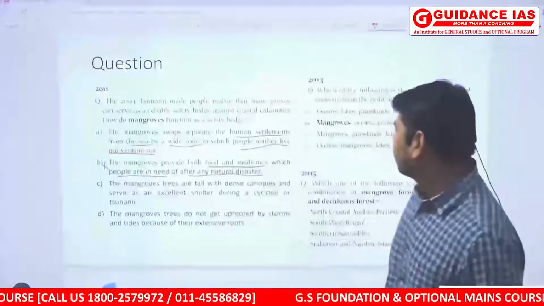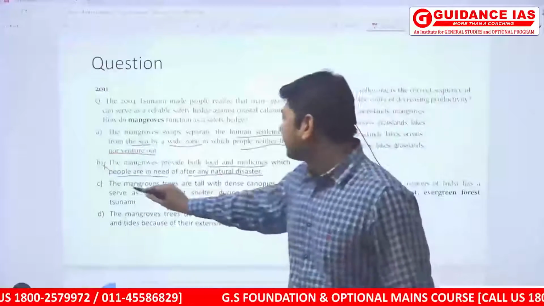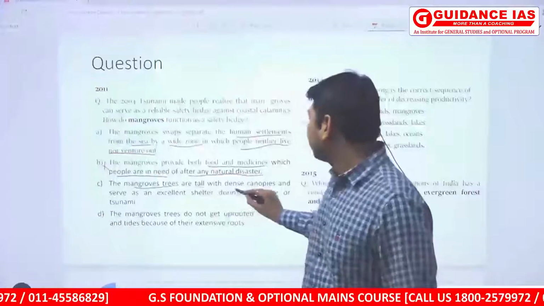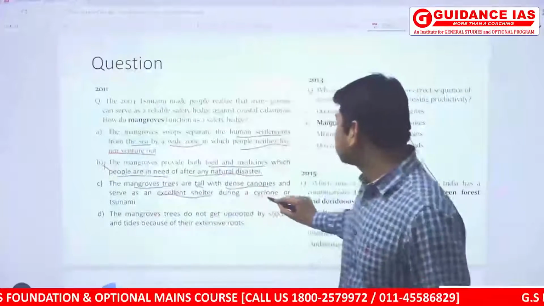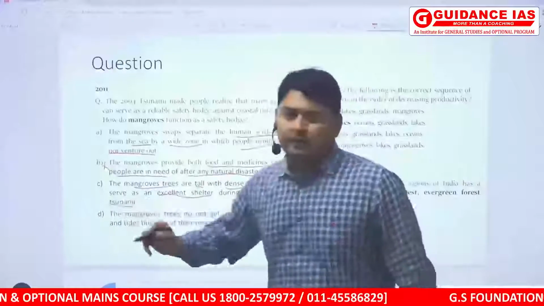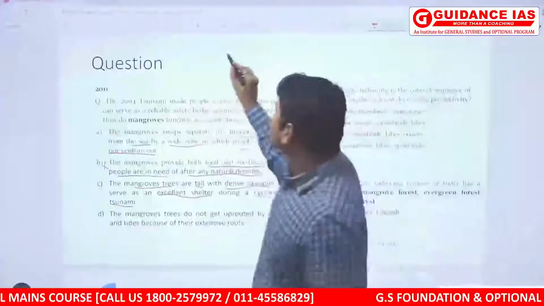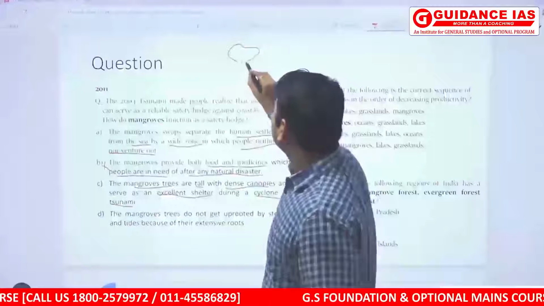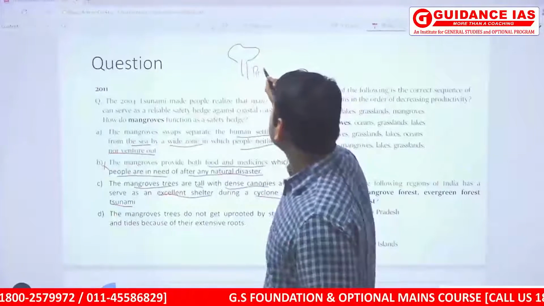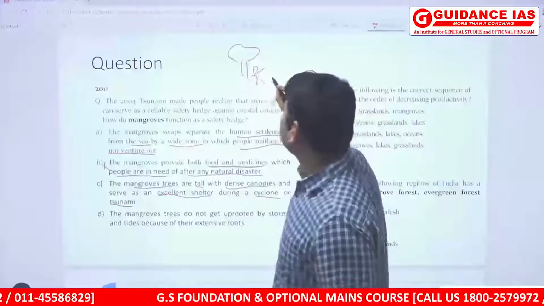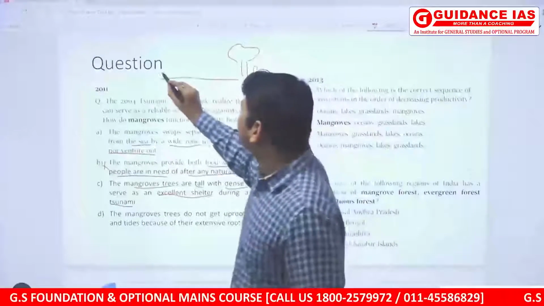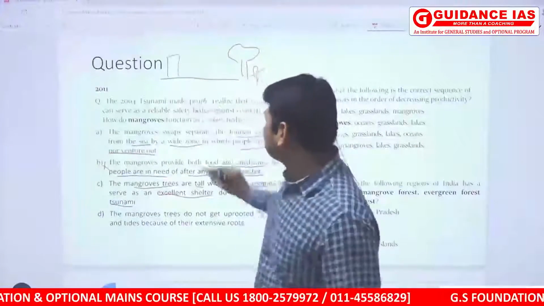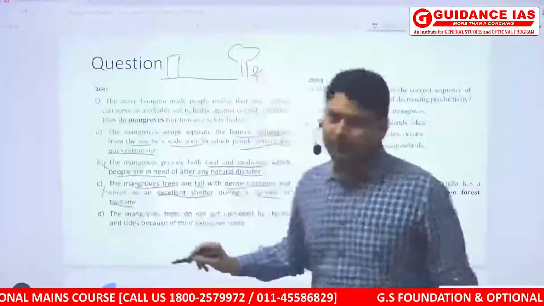The third option is: the mangrove trees are tall with dense canopies and serve as an excellent shelter during a cyclone or tsunami. No one goes below a mangrove tree to take shelter. They basically live far away in their settlements. So this option is also not correct.